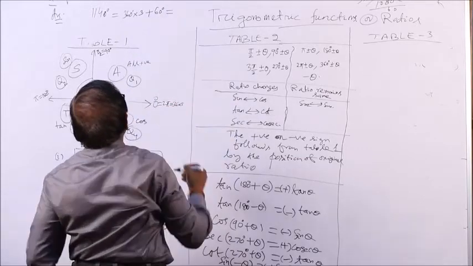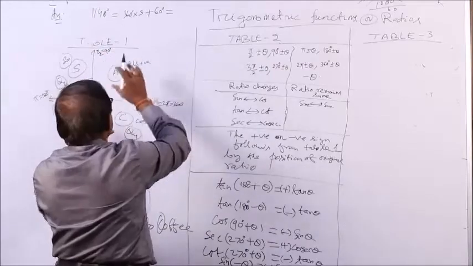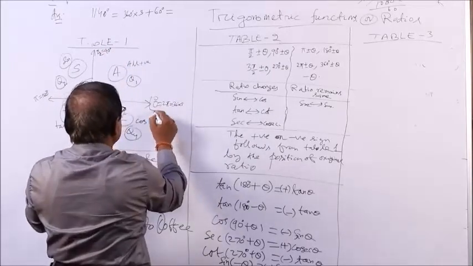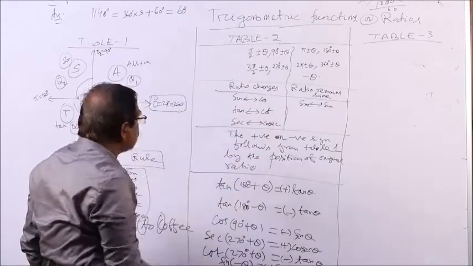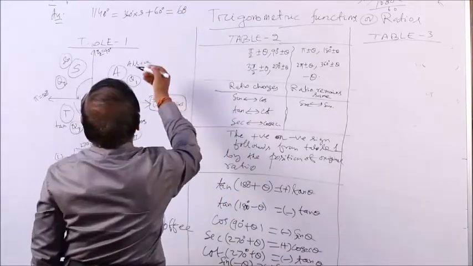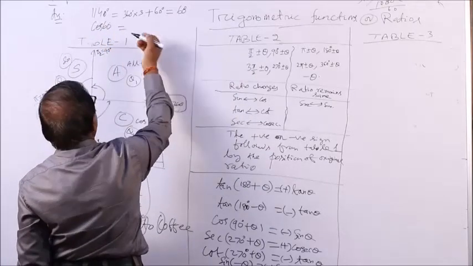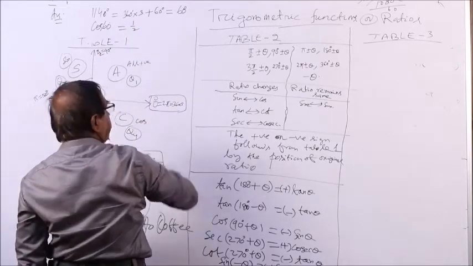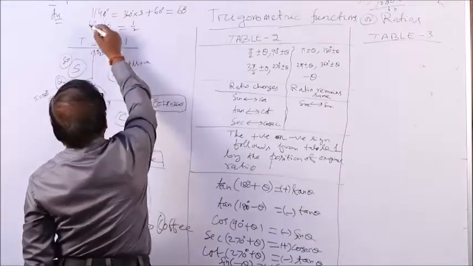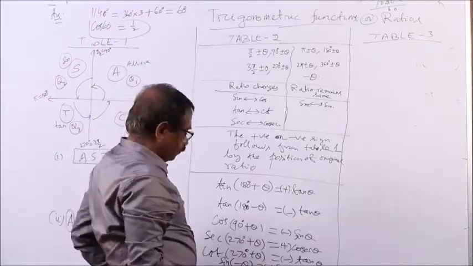You complete 3 times, so that is 0 because 0 is equal to 360. What happens is this angle reduces to 60 degrees. Now we are interested in cos 60. We know the value, that is half. I will tell you these values also now in the table.